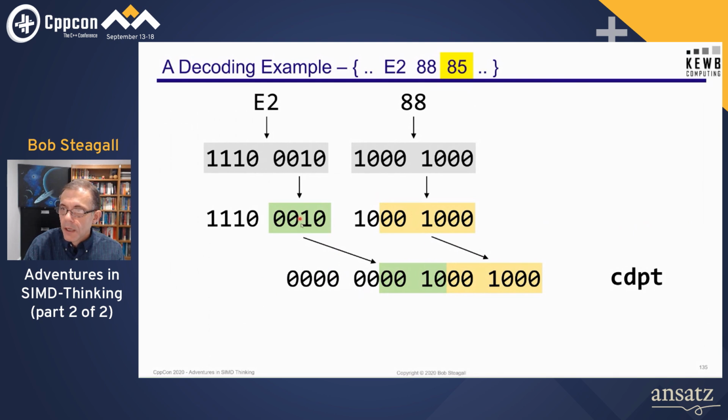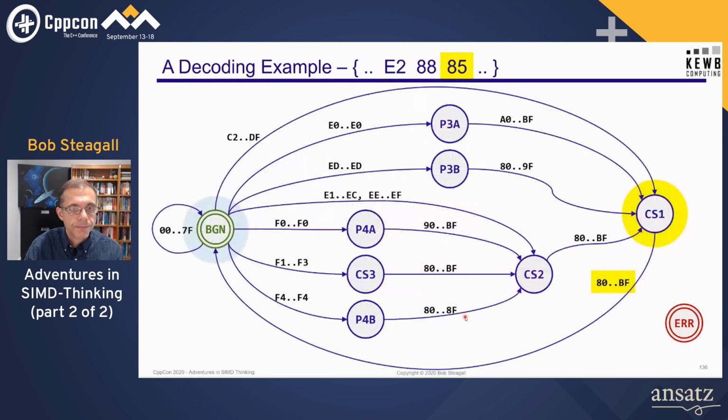So I've taken my original code point, shifted it up by 6 bits, taken the lower 6 bits of my continuation octet and masked them into the lower 6 bits of my code point. So I've moved into continuation state 1. My look-ahead token, the next octet, is 8.5.